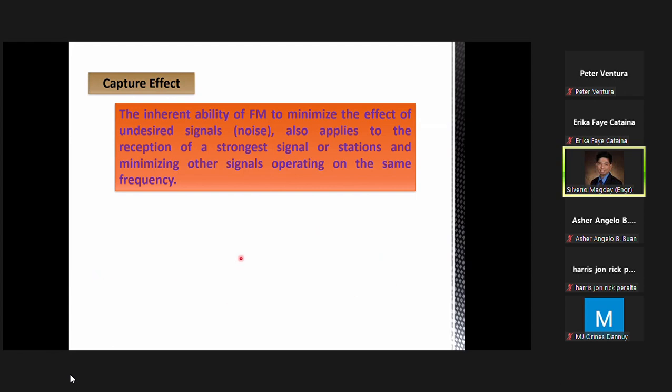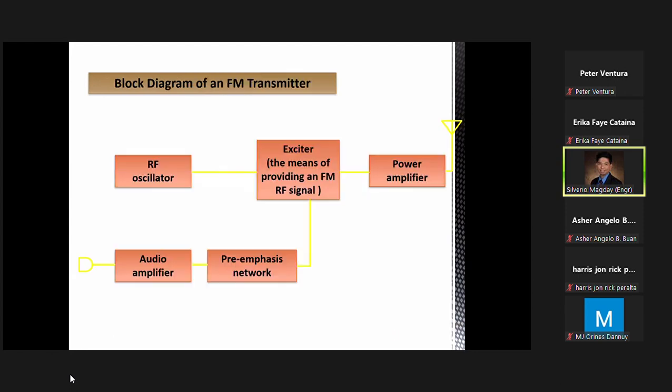It is like the noise reduction characteristic of AM, well, to interference. So we could say the stronger signal captures the receiver. In fact, this property of FM is usually called the capture effect. With the stronger signal, it captures.